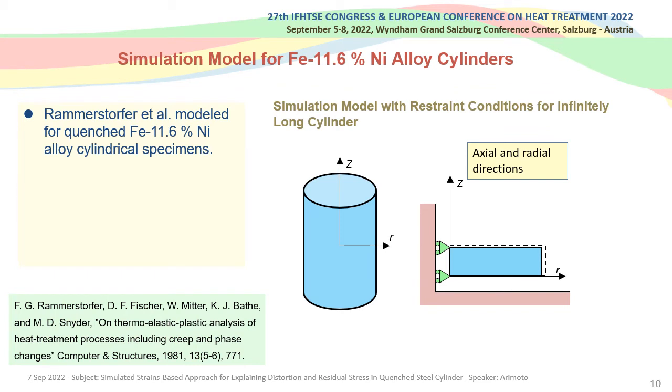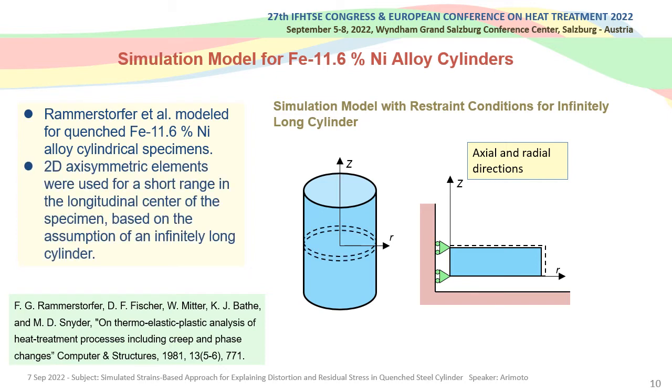This slide shows the cylinder specimen is modeled as a cylinder of infinite length. That is, a disc cut from the axial center portion of the cylinder is modeled with one layer of axisymmetric elements.